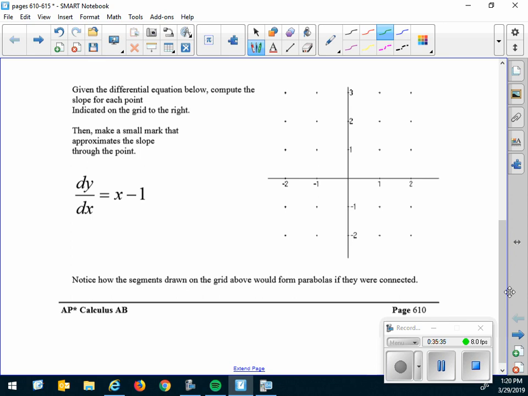So let's take the point 0, 0. I want to know what is the slope of the parent graph of this. What's the slope at 0, 0? Well, remember, this is the equation of the slope, isn't it? Because that's what dy dx is. So what is the slope at 0, 0?